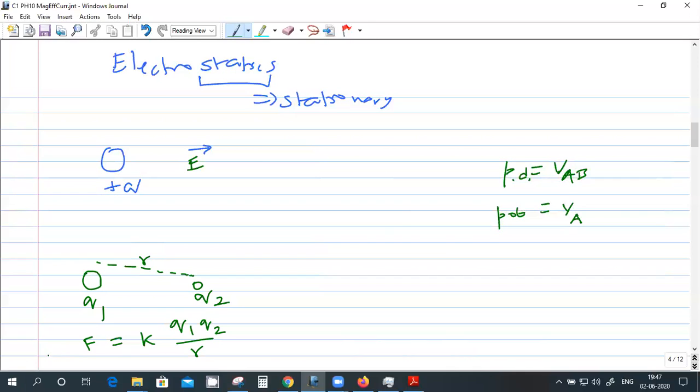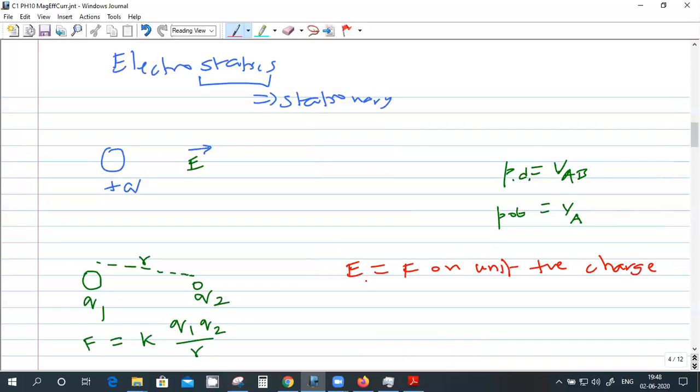From this, what is electric field? You can relate the definition of electric field to the force due to a charge. It is the force on a unit positive charge.